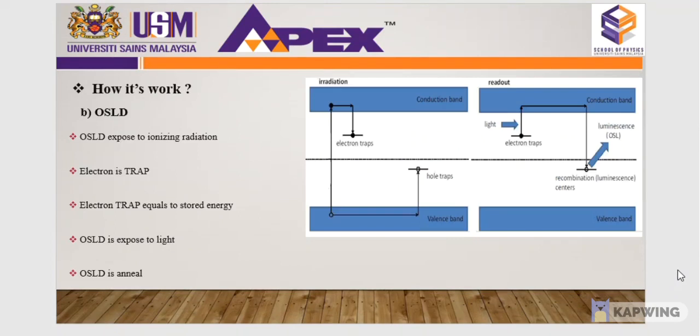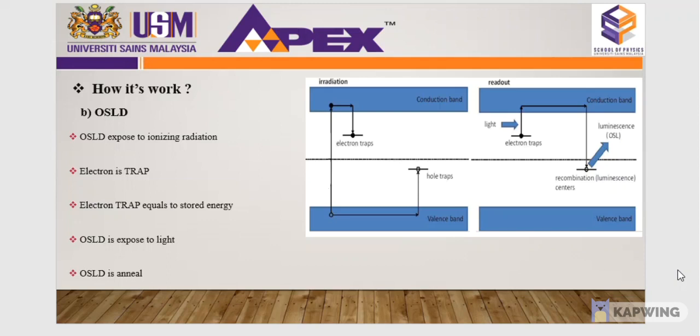The OSLD readout process is not much different from what we mentioned before about TLD. The process of exciting electrons from the valence to the conducting band is the same as with TLD. The electron in the valence band, after absorbing energy from exposure, moves toward the conducting band.